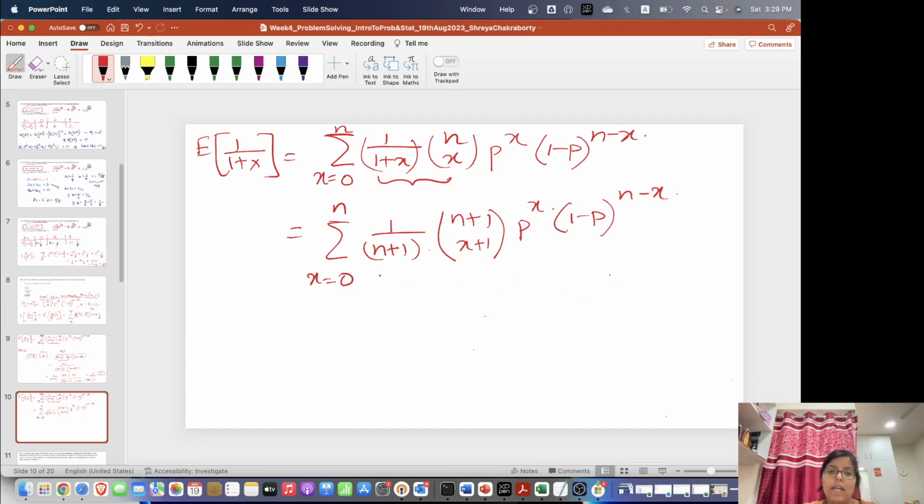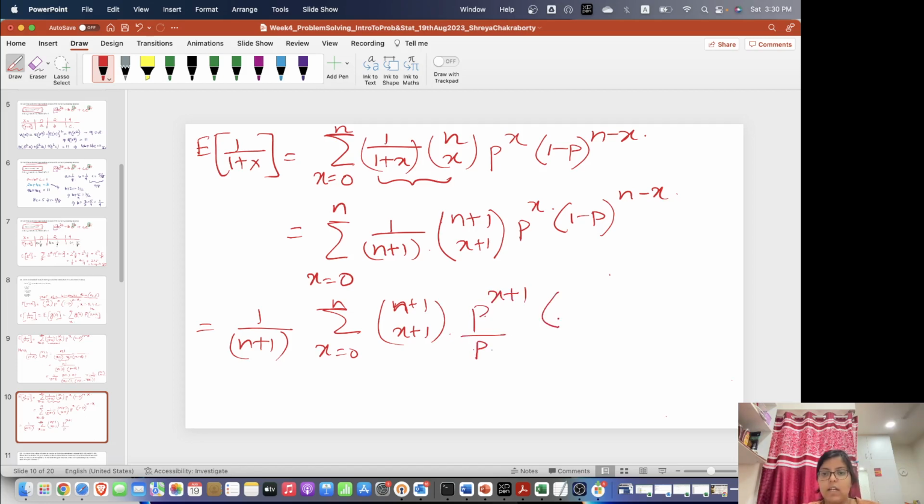So now if I take it out, we can write it as 1 by n plus 1 summation x equal to 0 to n plus 1 c x plus 1, p to the power x plus 1. Let me write. So then I have to divide it by p into 1 minus p, n plus 1 minus x plus 1. Trying to rewrite it in a binomial format.